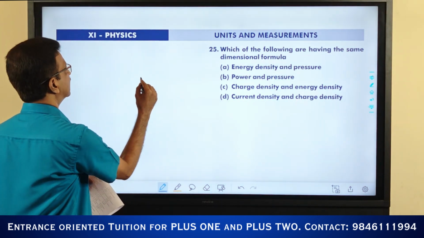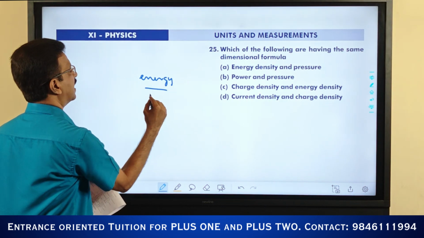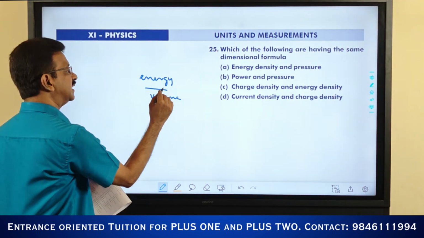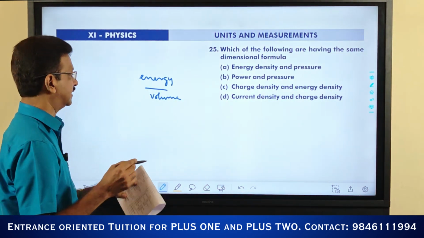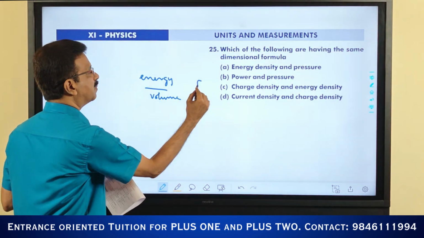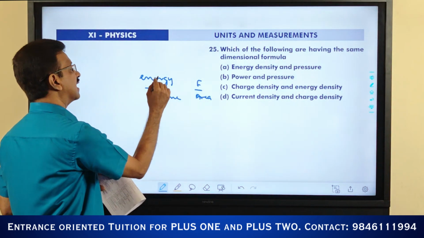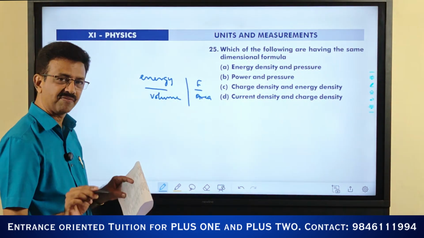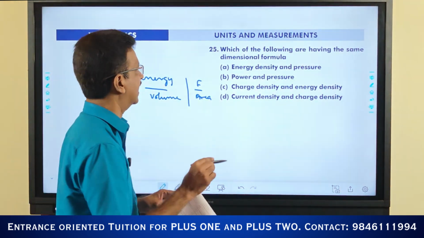Energy density means energy by volume. Pressure is normal force by area. Energy by volume and normal force by area will have the same dimensional formula. Therefore, the first choice is the correct answer.